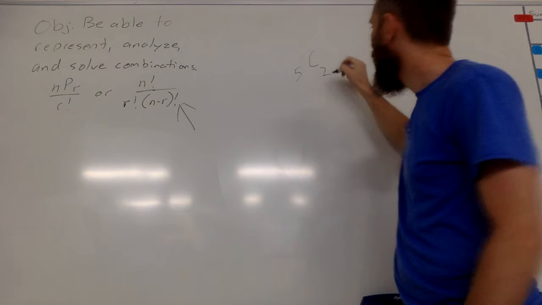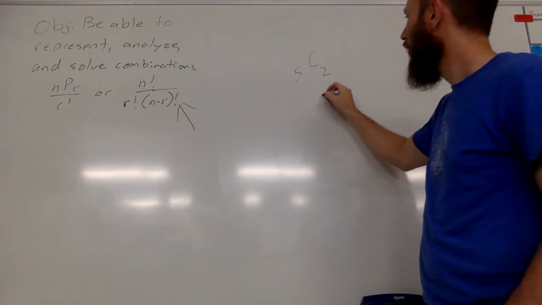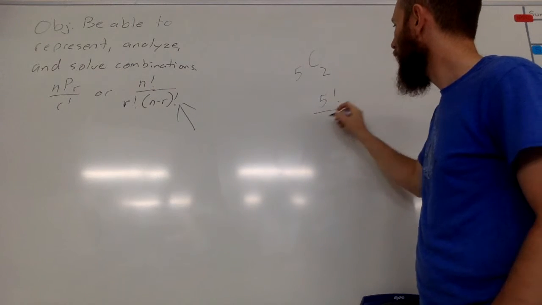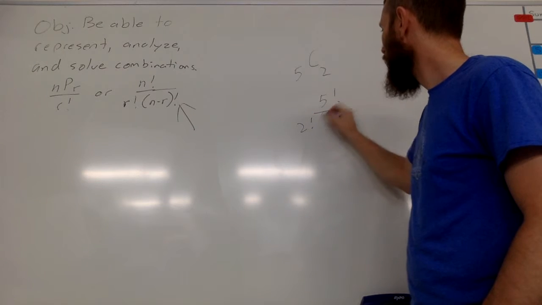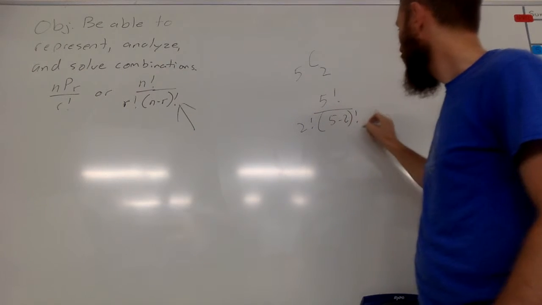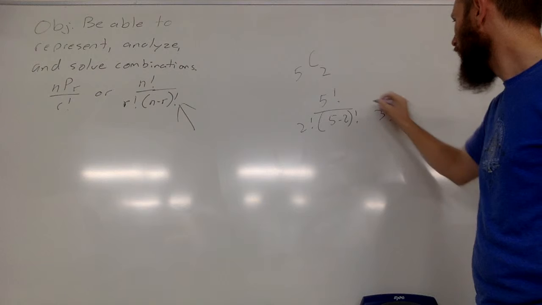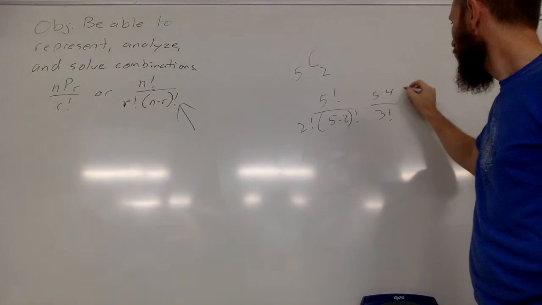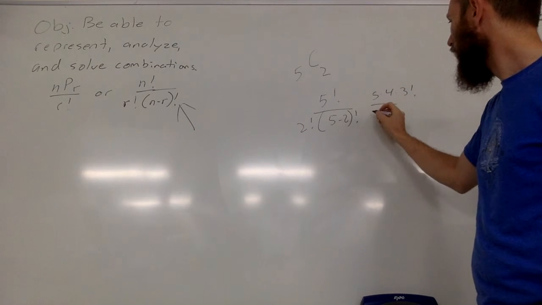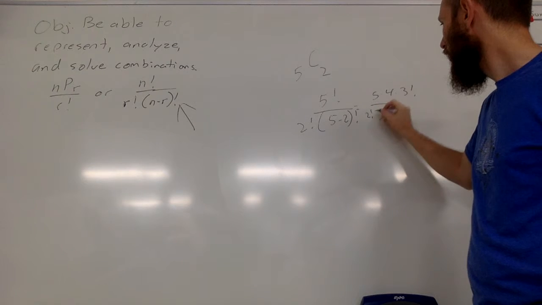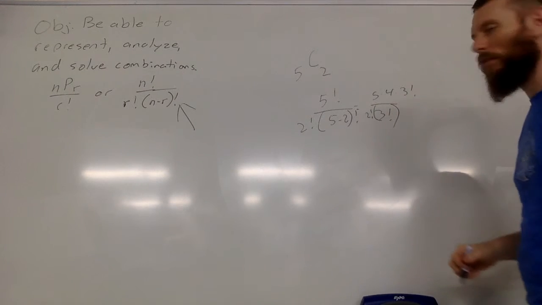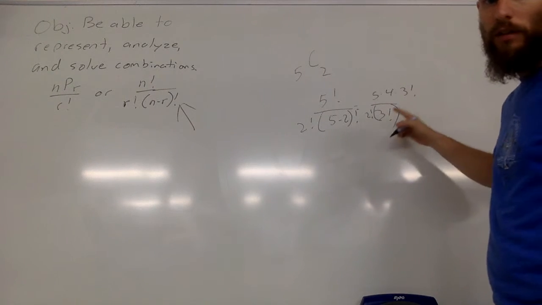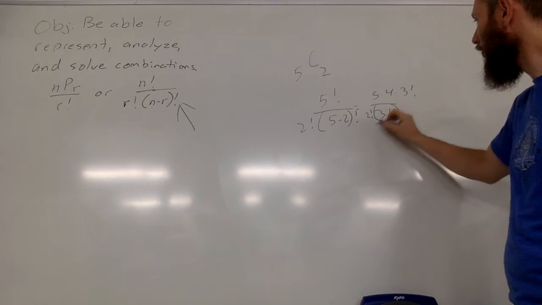So 5 combination 2, I'll do 5 factorial on top, 2 factorial, 5 minus 2 factorial gives me 3 factorial. Don't forget that 2. Okay. 5 times 4 times 3 factorial over 2 factorial times 3 factorial.